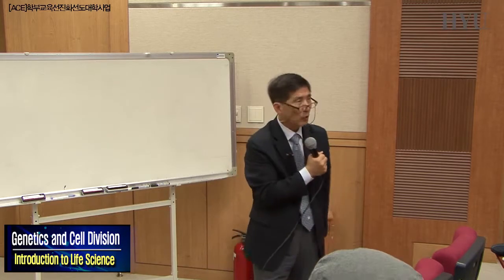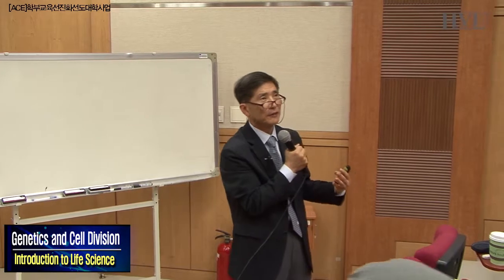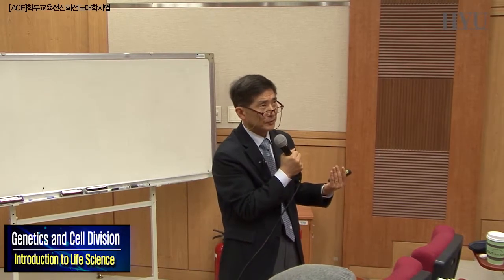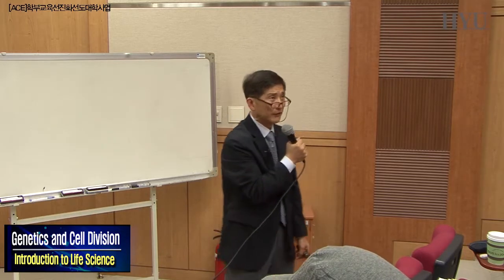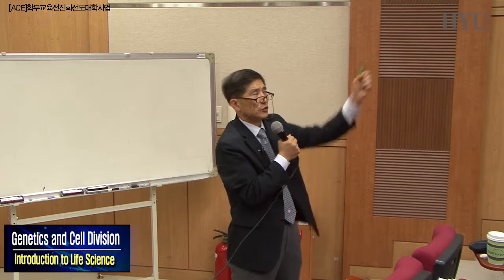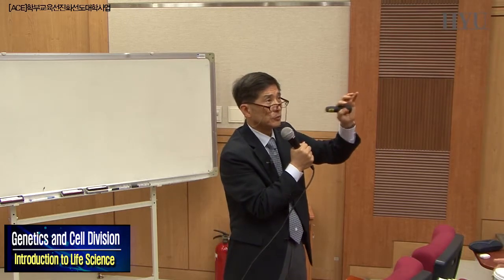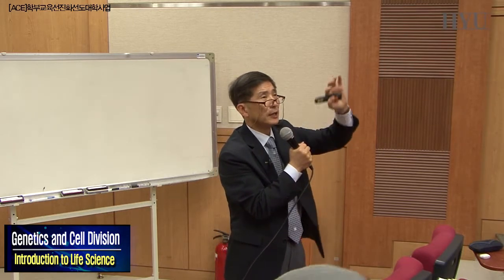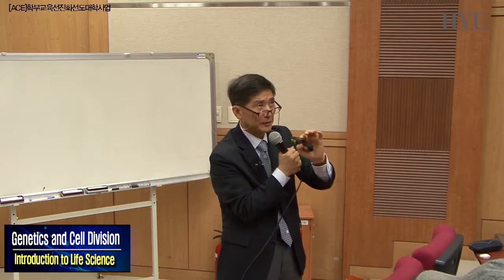So why do we go through this meiosis? What is the significance of sexual reproduction? Meiosis generates diversity. What do you mean by diversity? Human chromosomes have two sets. We have 46 chromosomes in two sets: one set from your father, one set from your mother.